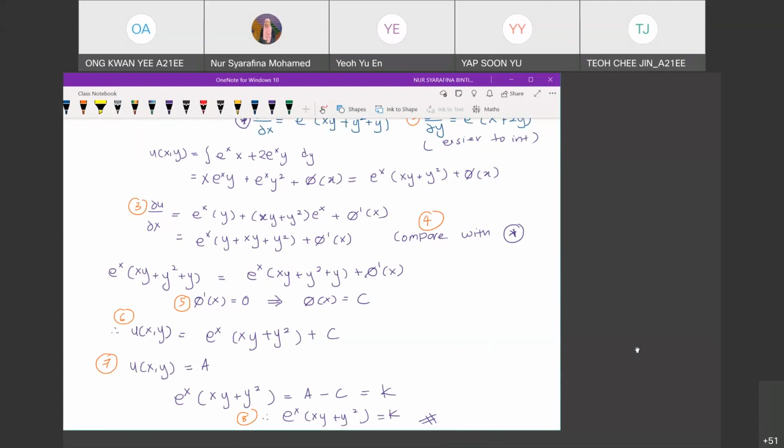Yes. Which method you want to use is up to you, and it's up to the function. You decide whether that function is suitable enough for method 1 or method 2. Okay?